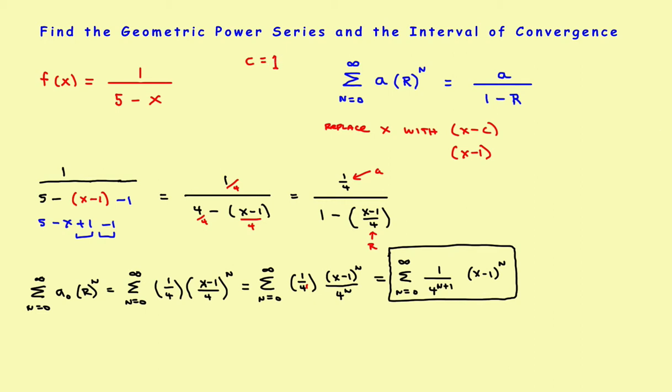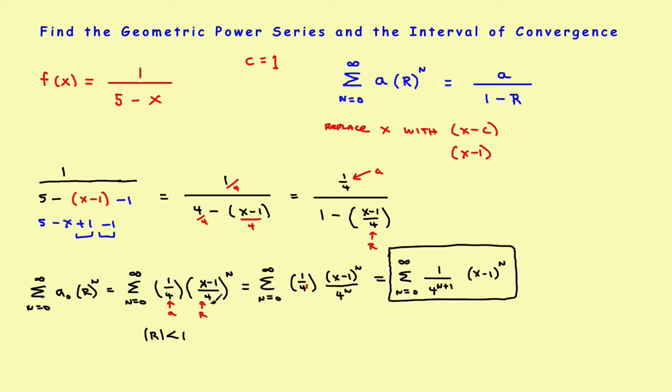Now, next thing you need is the interval of convergence, and we'll use the same thing that we've always done. We'll make it be the absolute value of r less than 1. Now again, to find what r is, I always like to go back to the first step where I plugged it in. When I first plugged it in, that was a, and that was r.